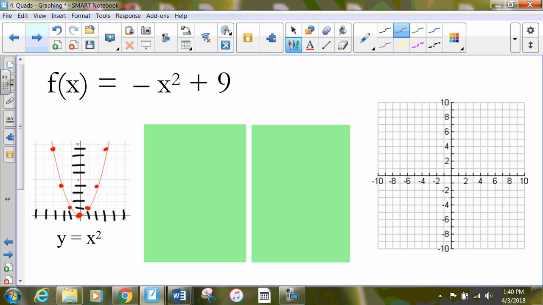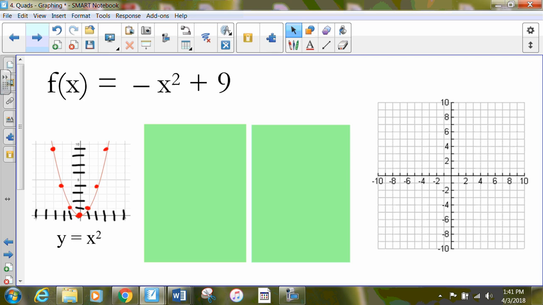And if you move 2 to the right or 2 to the left of the vertex, you go up 4 because 2 squared is 4. And if you move 3 to the right or 3 to the left of the vertex, you go up 9 because 3 squared is 9. And so we use that pattern to help us graph any quadratic that was thrown our way during that unit.